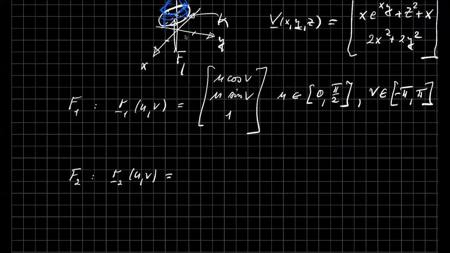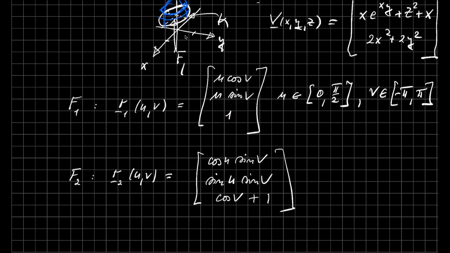But here we just take cosine U sine V, sine U sine V, and then finally cosine V. This is the normal, say, unit sphere, but it's displaced by 1 in the z direction.